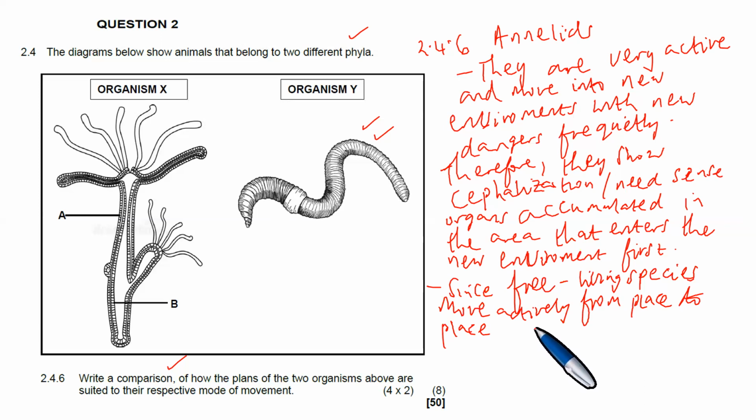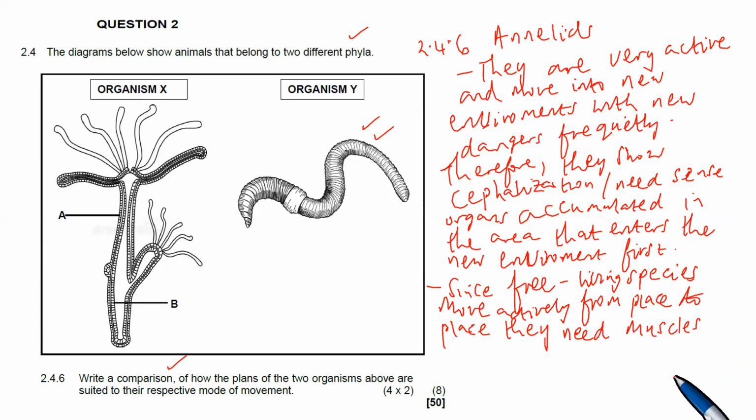Since free living species move actively from place to place, they need muscles, like us humans. We have muscles.